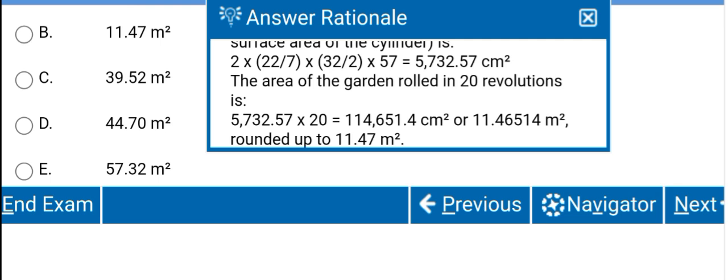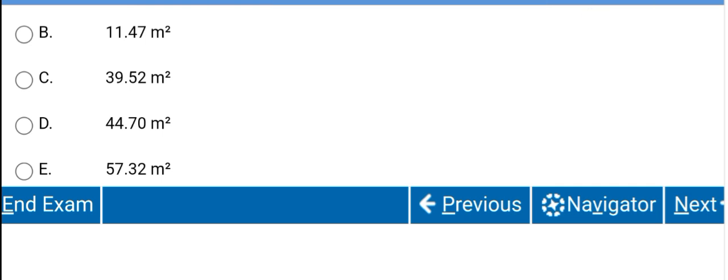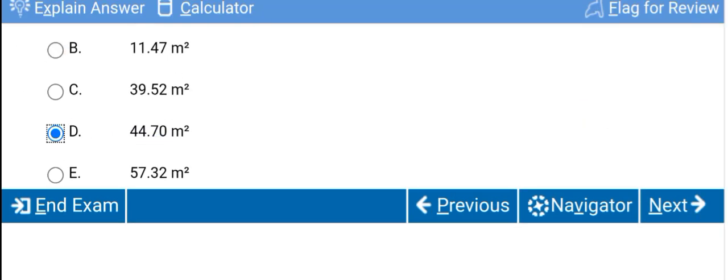Rounded up to 11.47 meters squared. So that's how we have the correct option, option B, 11.47 meters squared.